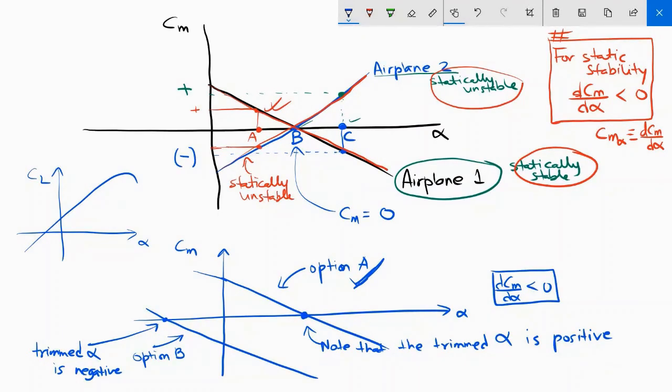See, in addition to being statically stable, it is also desirable to have a high value of lift. So although both A and B are equilibrium conditions, both option A plot and option B plot are equally stable, but at point A we get a higher value of the lift coefficient, and this is better than point B where the value of lift coefficient is small.